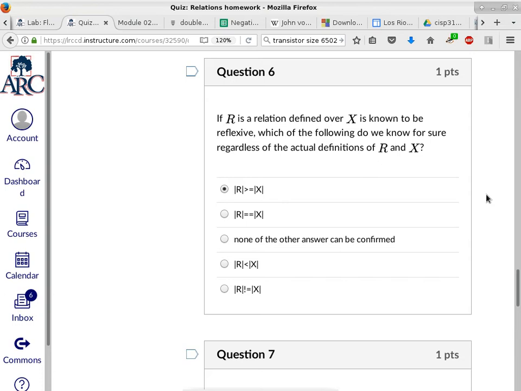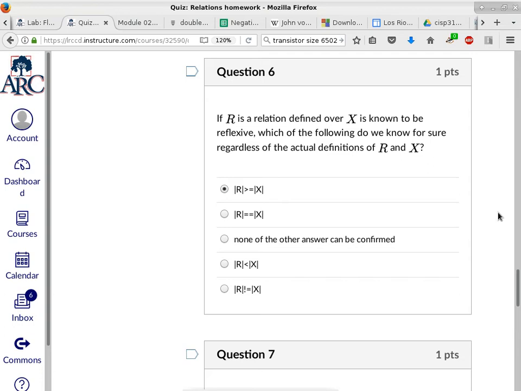Because every element is greater than or equal to itself: 1 is greater than or equal to 1, 2 is greater than or equal to 2, and so on. But also 2 is greater than or equal to 1, 3 is greater than or equal to 1, and so on. So that's what makes it bigger.